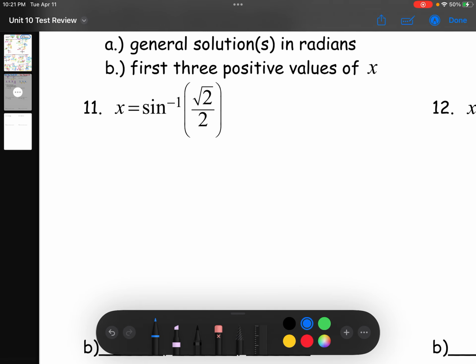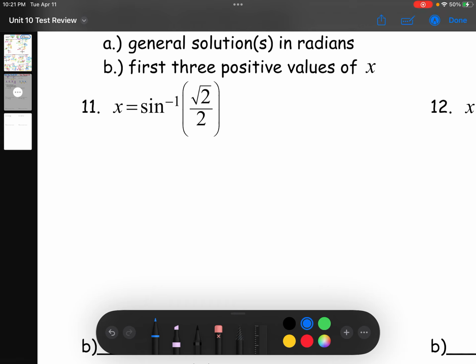So, on number 11, sine inverse of square root 2 over 2 is equal to x. Inside the inverse is the ratio. So square root 2 over 2 is a ratio. We are looking for the angle x, and that will equal some value. Okay, so we're finding the general solution, so it won't be one specific value.